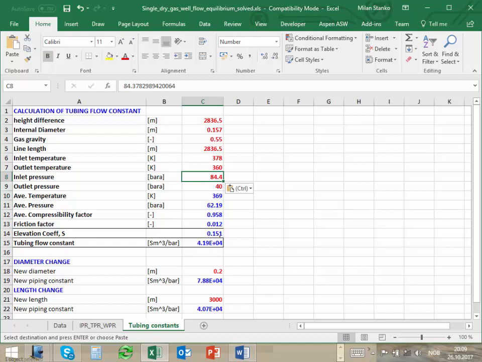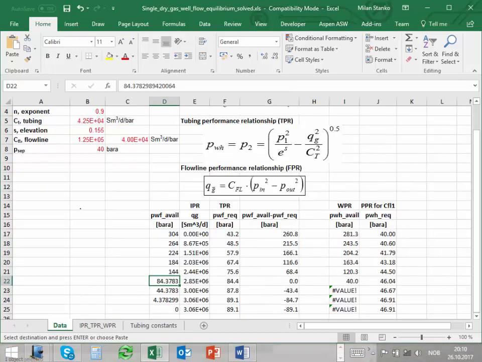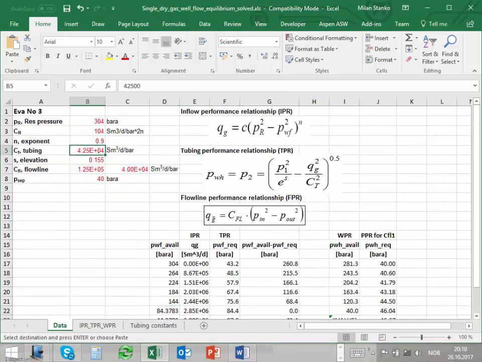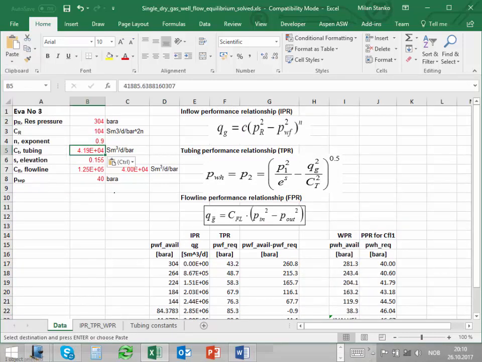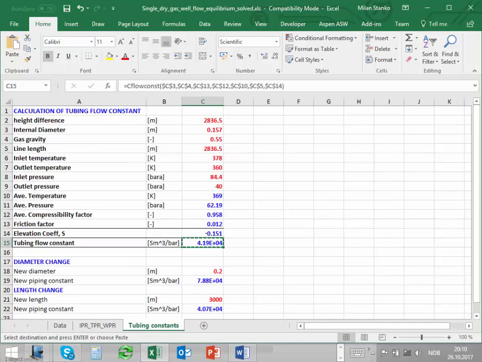And instead of getting S 155, I got 151. So I can go and correct my curve again, because I'm using the wrong CT. I'm going to copy this one here, paste value, 419, and instead of using 155, I'm going to use 151, the elevation coefficient.